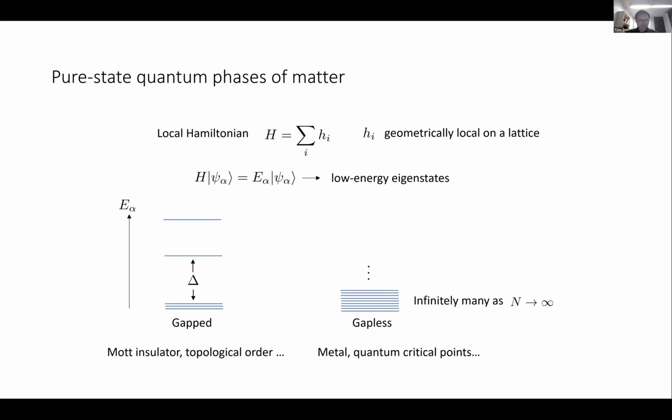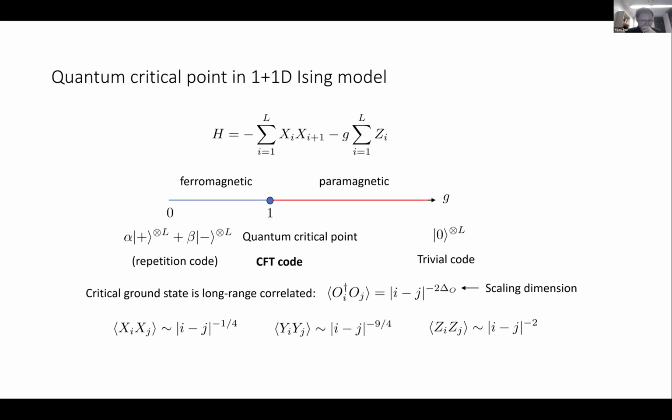For gapped systems, you could have a trivial insulator and also topological order, but for gapless systems, you can describe a conductor like a metal and also quantum critical points, which I'm going to talk about today. To give you one very simple example, and actually this is the example that I will treat today, this is the Ising model.